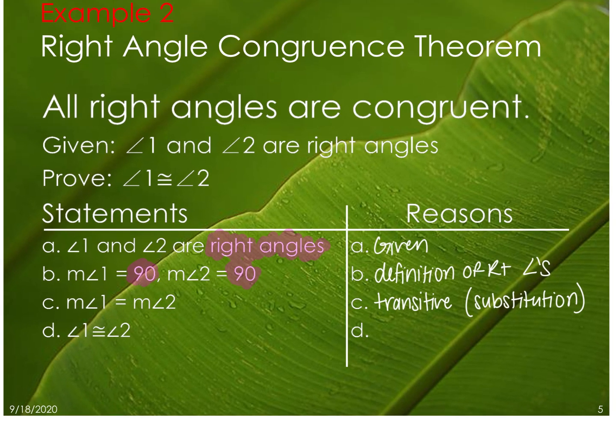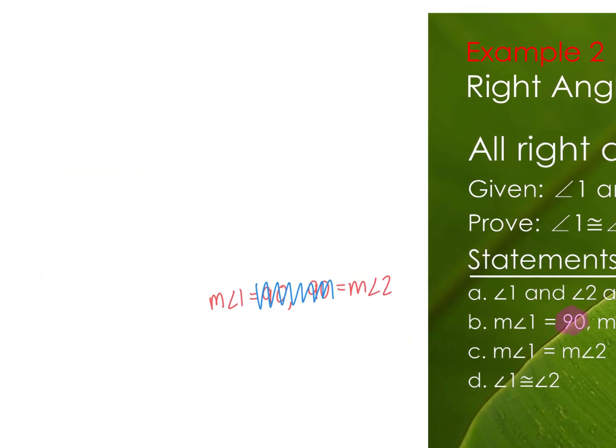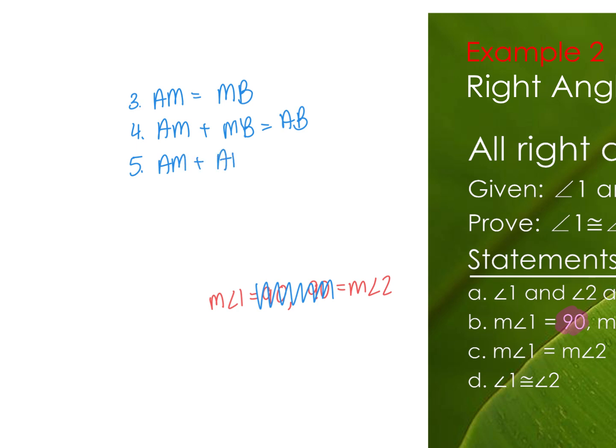But there was one we did yesterday. I think it was the third step: AM equals MB, and then AM plus MB equals AB, and then AM plus AM equals AB.